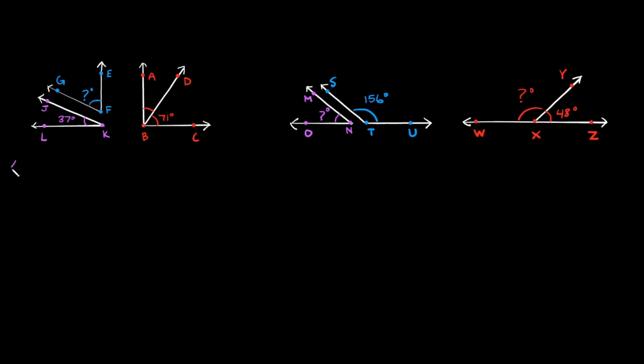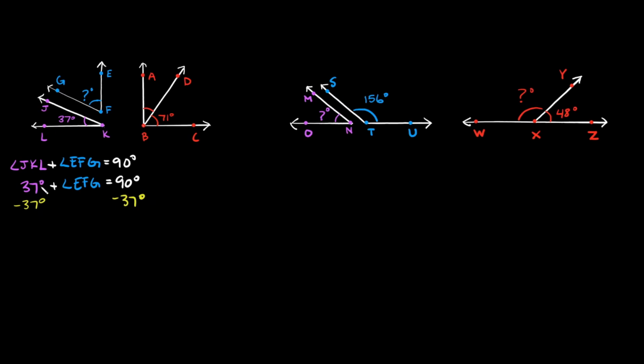So JKL plus angle EFG should add up to 90 degrees. Angle JKL is 37 degrees, and if you add that to EFG, which we don't know right now, then we should get 90 degrees. To solve for angle EFG, I'm going to subtract 37 degrees from both sides.